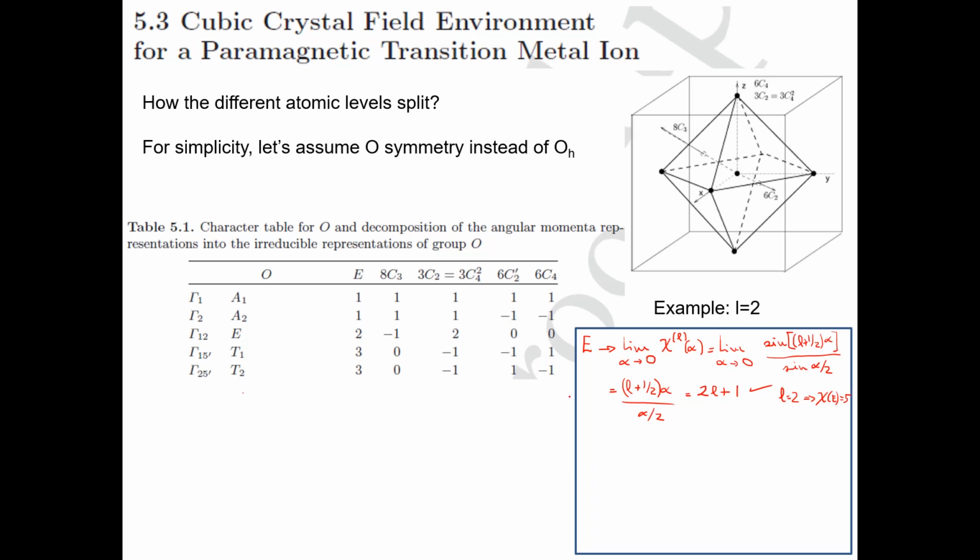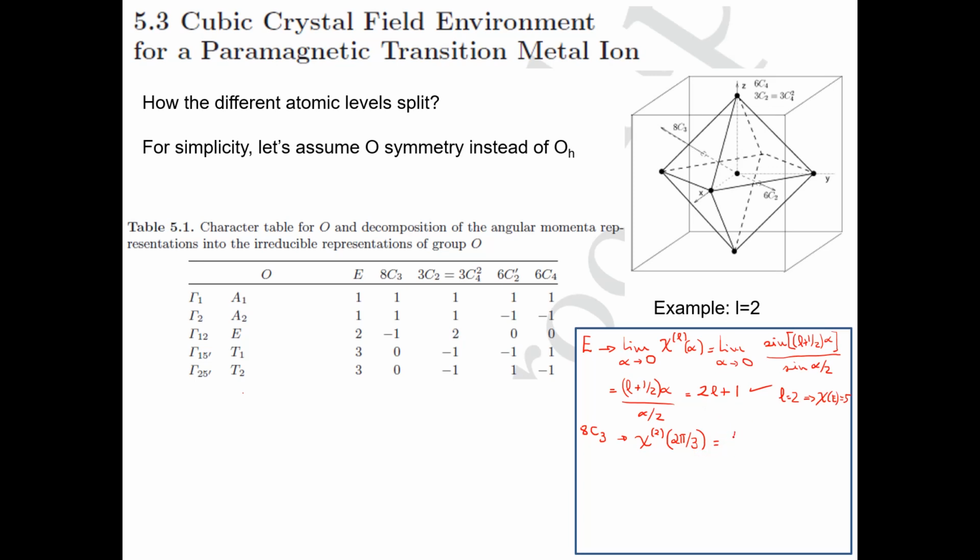Which is reasonable because it's the dimensionality of the representation. Okay, so let's do some other cases. For instance, let's take the C3, the 8 C3 class, the C3 operation. We have to calculate the character for L equals 2 of an angle alpha. For the C3, alpha equals 2 pi over 3, right?